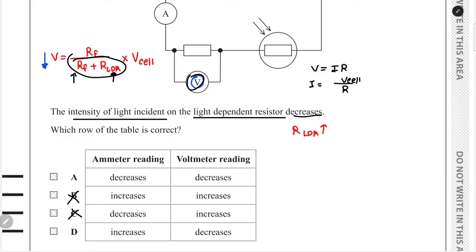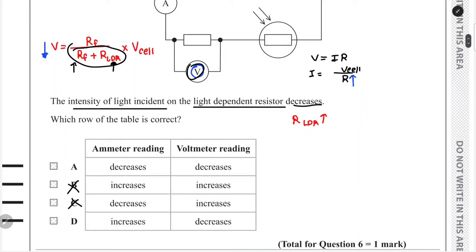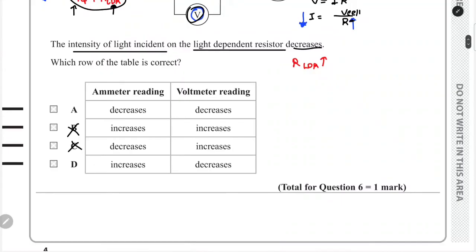The V cell value is still the same. However, the total resistance of the circuit, which is the resistance of the fixed resistor plus the resistance of the LDR, this is R, the total resistance of the circuit, this also increases. If this increases, the current will decrease since the denominator is increasing. So both the current and the voltage reading decrease, so A is our answer.